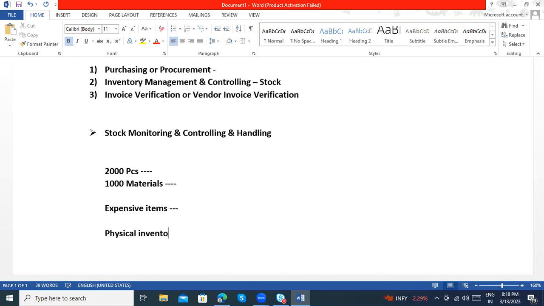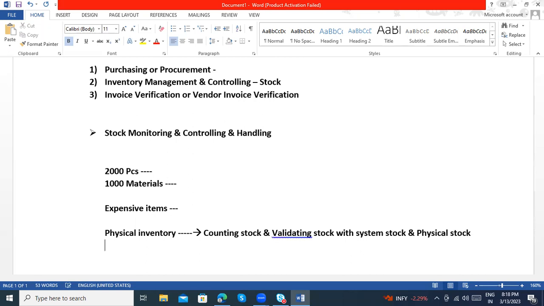Physical inventory. What do you mean by physical inventory? It is counting the stock and validating the system stock against the physical stock.